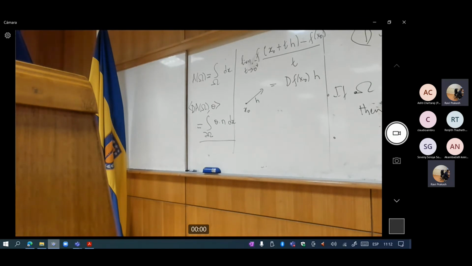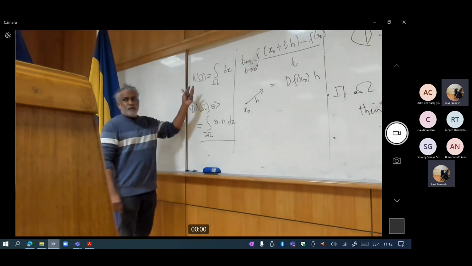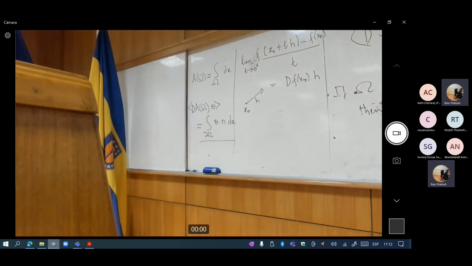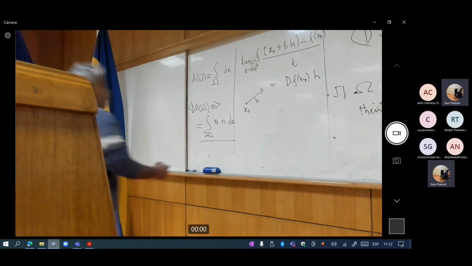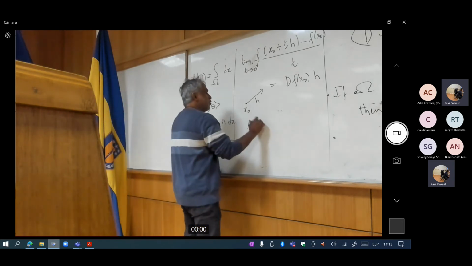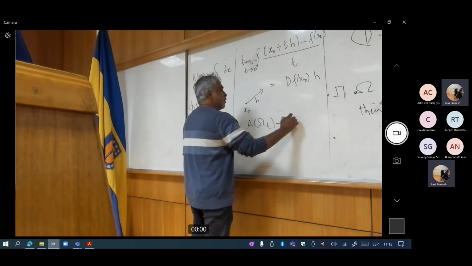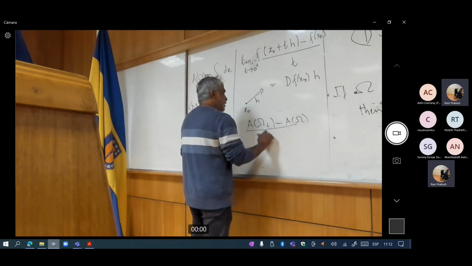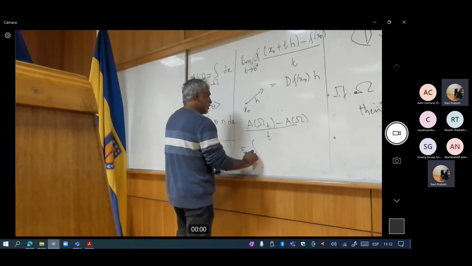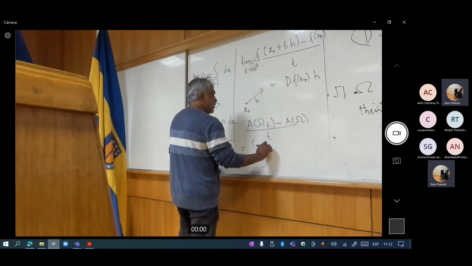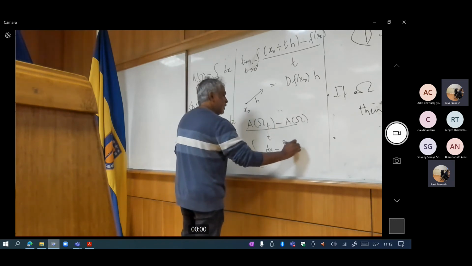You can also do it in higher dimension. So it's not difficult if you use calculus 3 techniques. You just need to write. So what you need to calculate is A of omega t minus A of omega divided by t, and so this will be the integral over omega t dx minus the integral over omega.